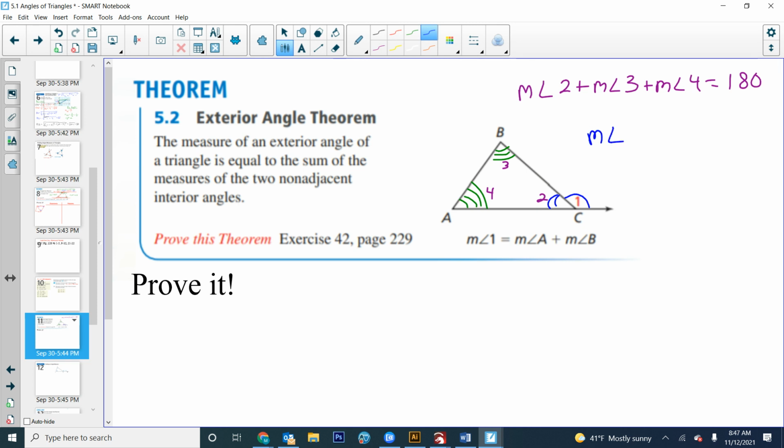You just told me the measure of angle 1 plus the measure of angle 2 equals 180. What equals each other? Measure of angle 2 plus measure of angle 3 plus measure of angle 4 equals measure of angle 1 plus measure of angle 2. Okay, so ready?